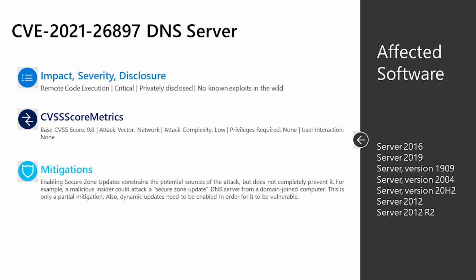There is a slight hiccup, if you will, or a mitigation, but it's only a partial mitigation. You can enable secure zone updates, and that can block the initial source of attack. However, again, it's only a partial mitigation. The full mitigation is install the update, but if you can't do that right away, there is that mitigation.